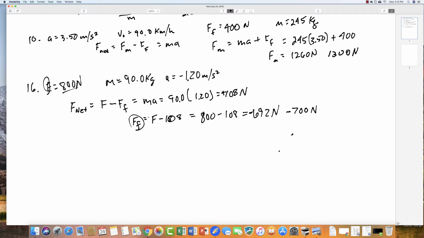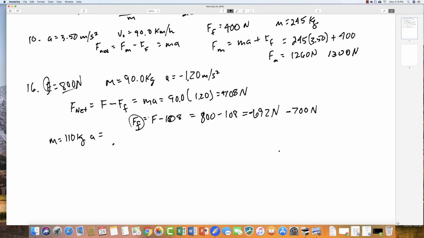Now the second part of this question is, what force does the winning player exert on the ground to move forward if his mass and equipment's 110 kilograms? So his mass is equal to 110 kilograms.